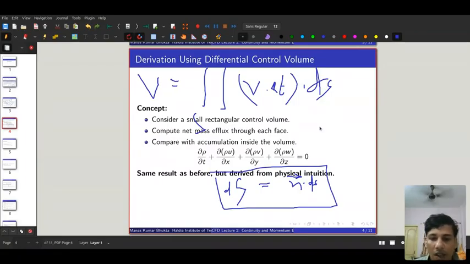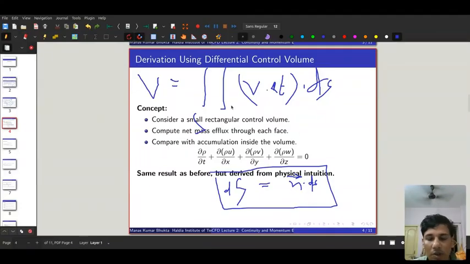Now again we'll have to find out the time rate of change of volume. Since the element is moving, the approach would be the substantial approach, that is known as the total derivative.